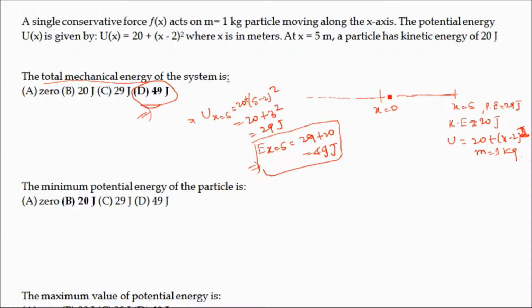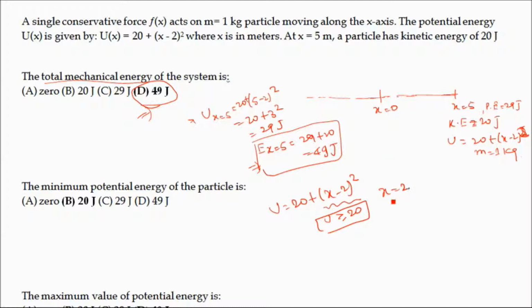Next you have to calculate the minimum potential energy of the particle. The potential energy is given by U is equal to 20 plus (x minus 2) raised to the power 2. So clearly the minimum value of potential energy will be when the term inside the square becomes equal to 0, as potential energy must be greater than or equal to 20, since the term inside the square must be either positive or 0.